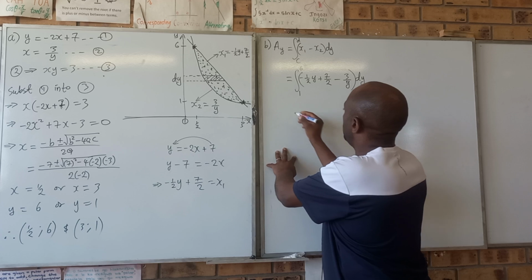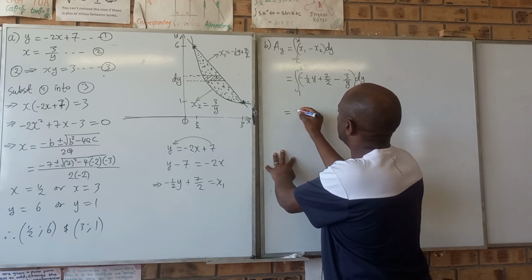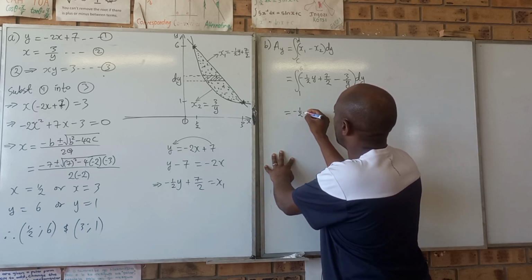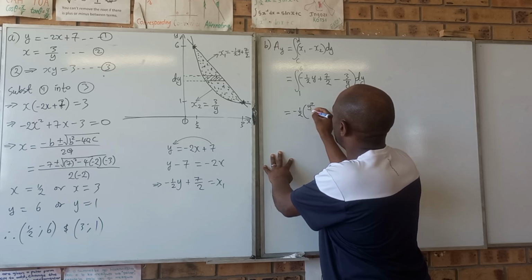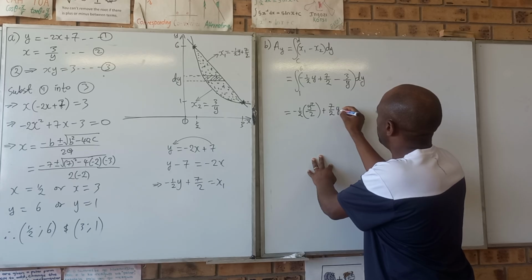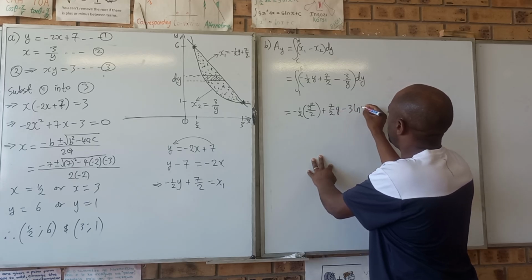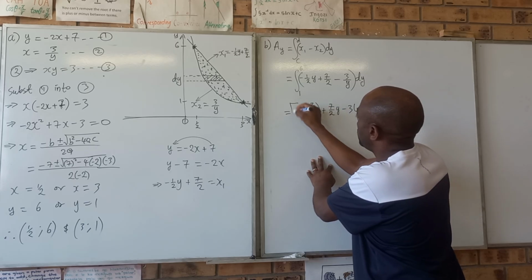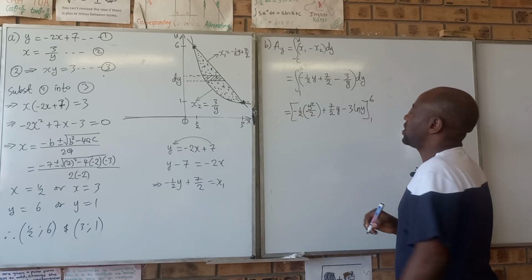So from there, we can now integrate. If I integrate, I get negative a half into y squared over 2 plus 7 over 2 y minus 3 ln y. So that's my integration from 1 to 6.